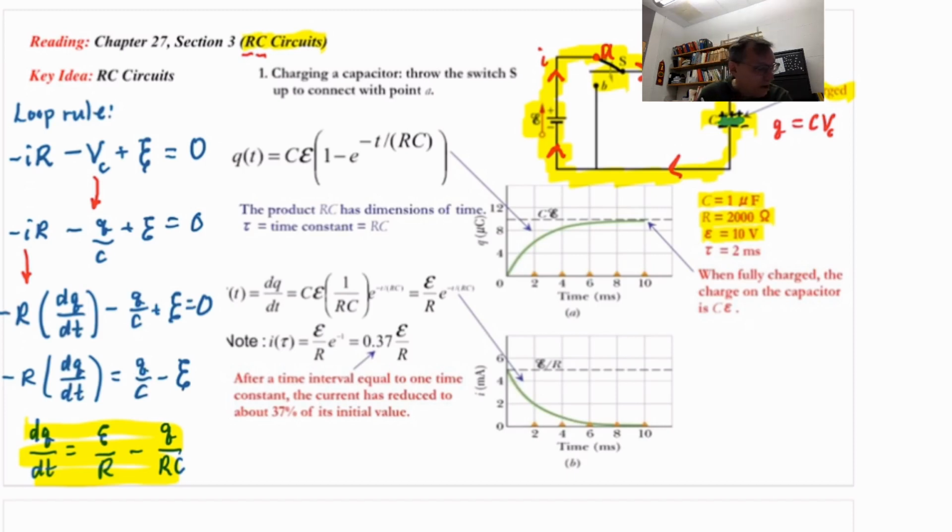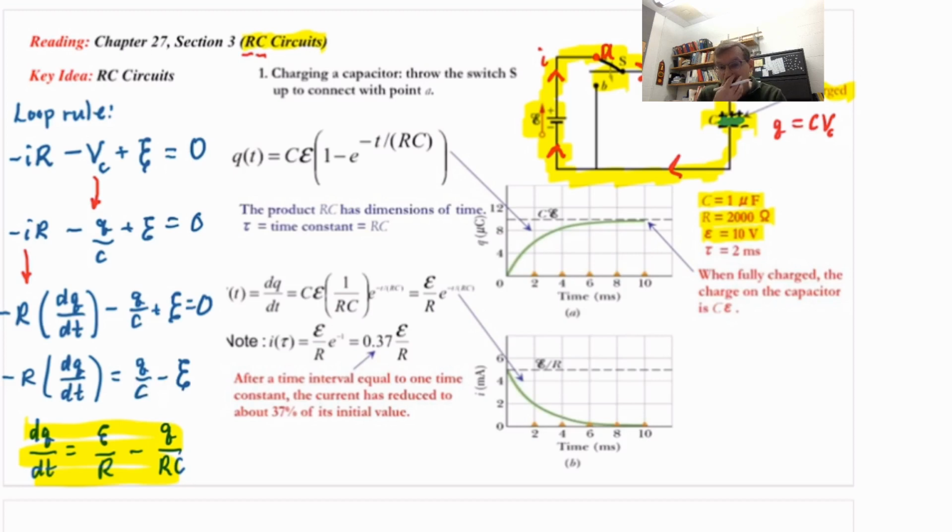In fact, this equation I just highlighted is called a differential equation, because it's got a derivative in it. And it tells us that the rate of change of Q, that's the quantity on the left, is determined by the EMF, the resistance, the capacitance, and the Q itself.